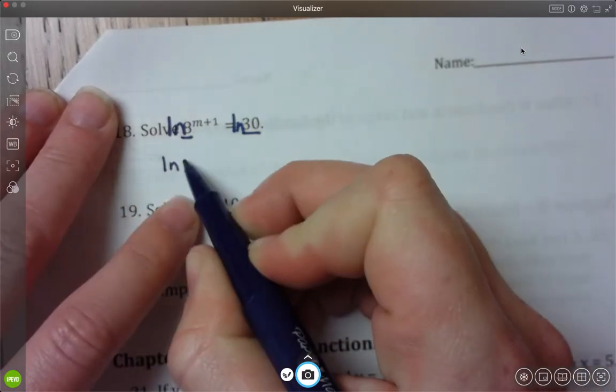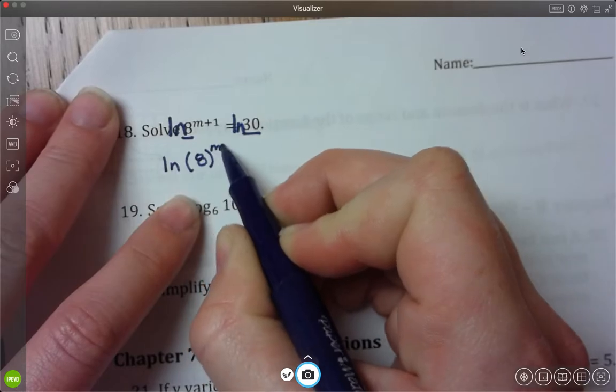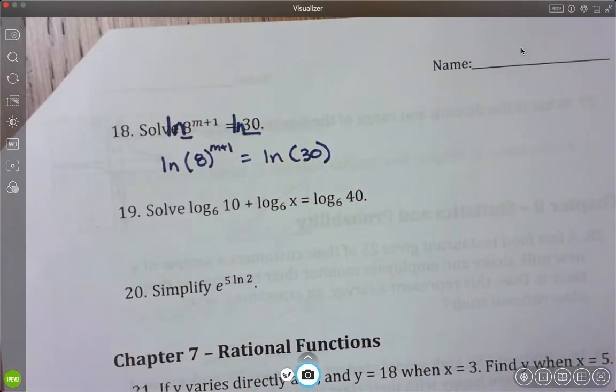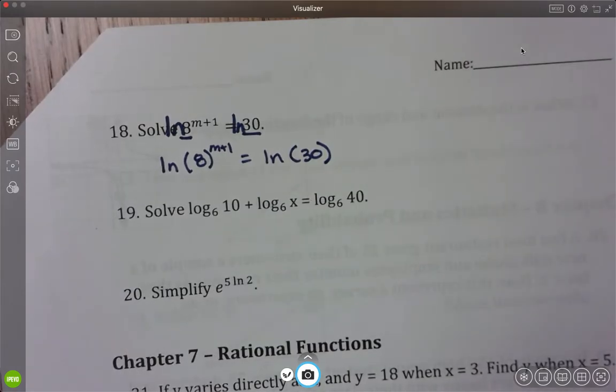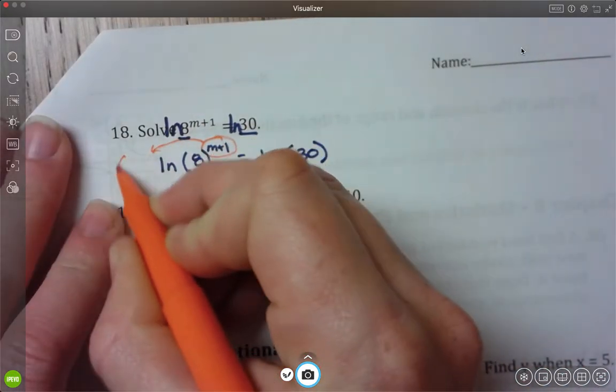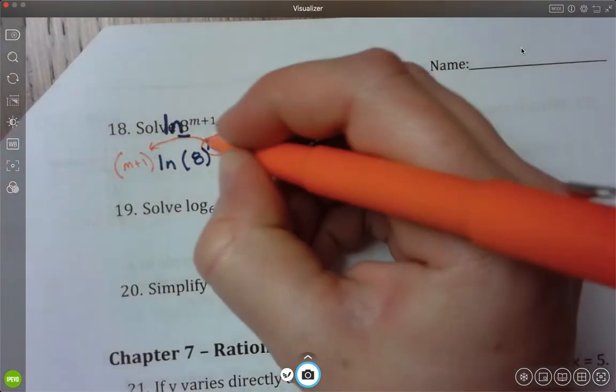So I do ln of 8 to the m plus 1 power equals ln of 30, and that's what it looks like if I rewrite it nicer. And then because now we have a log in front, this m plus 1 can come down and be m plus 1 in front of the whole thing, so the m plus 1 is no longer an exponent.